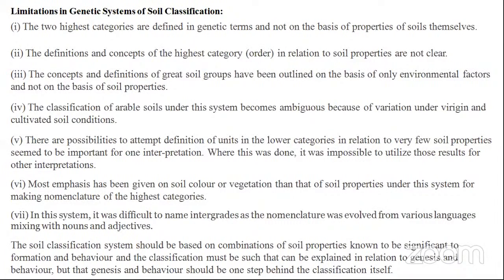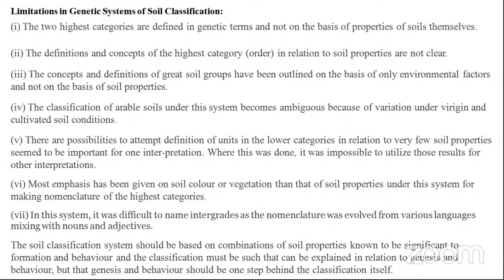The so-called great soil groups depend completely upon environmental factors only. They gave more importance to environmental factors than to soil properties, so in classifying the soils there is no value for soil properties in great groups.